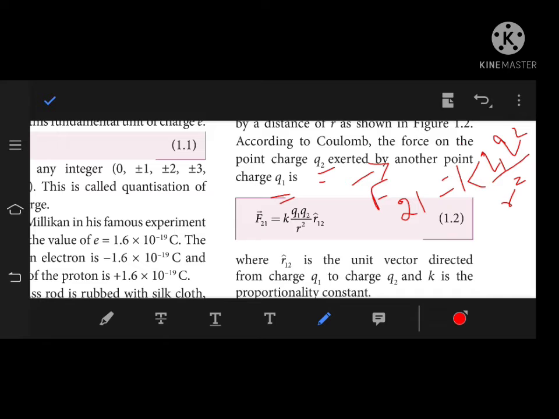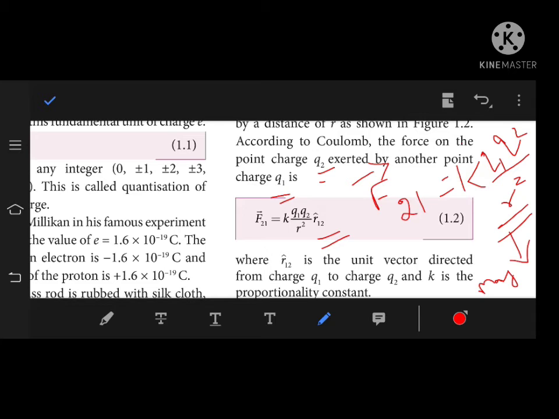Now another term is included, that is r12 cap. What is meant by r12 cap? Force is a vector quantity, it has magnitude and direction. This part gives the magnitude of the force. Now the cap indicates the direction of the force.